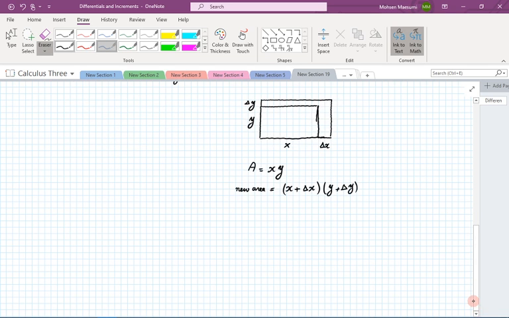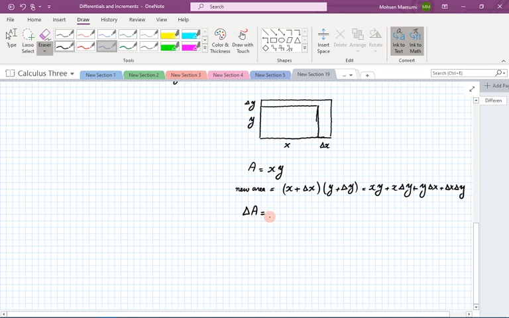And if I want to know how much extra I have, that is, what's the difference between the bigger land and the smaller land, I'll show that by delta A, the increment in the area. If I take this thing and multiply it out, it becomes xy plus x delta y plus y delta x plus delta x delta y.